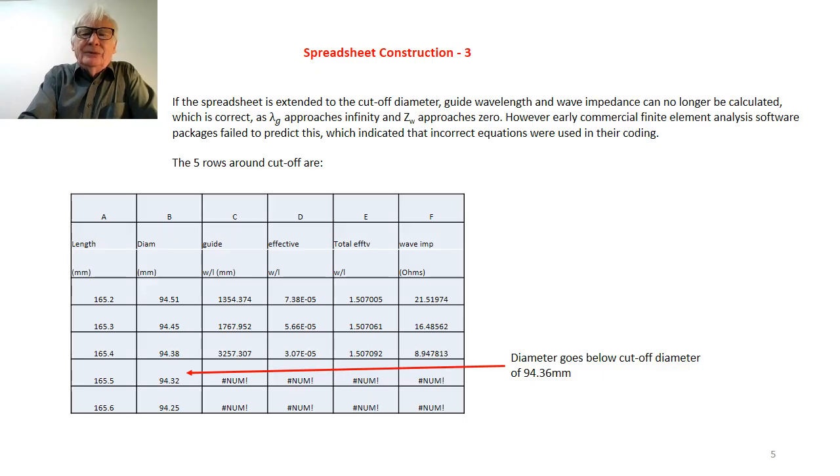And what was found, actually, surprisingly enough, was that these early software packages failed because they carried on calculating past the cutoff point, which is clearly not correct. I mean, at cutoff, everything stops. The lambda g goes to infinity, the velocity goes to 0, and therefore whatever these finite element packages were given was absolute nonsense.